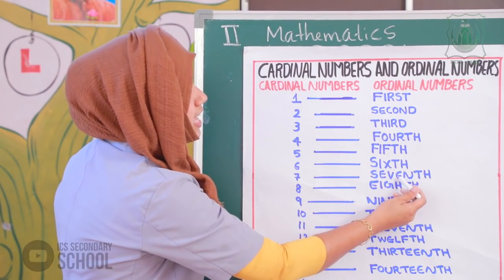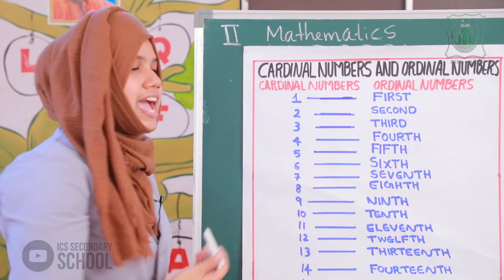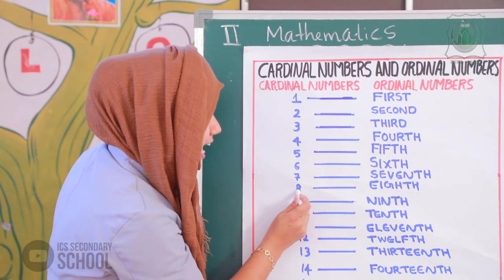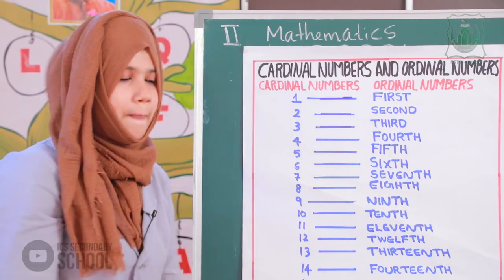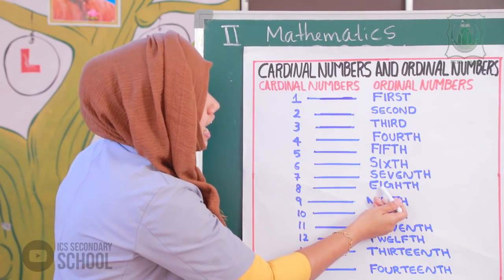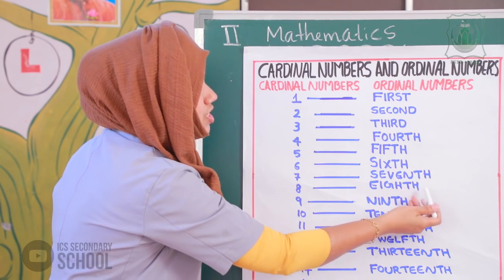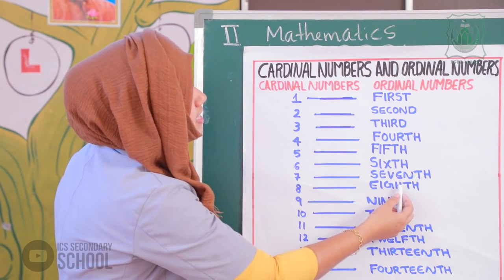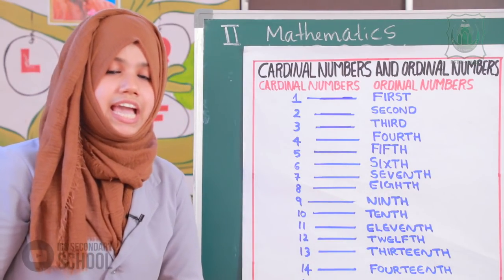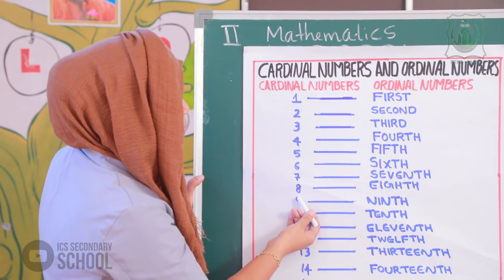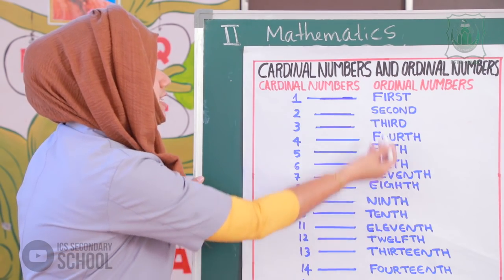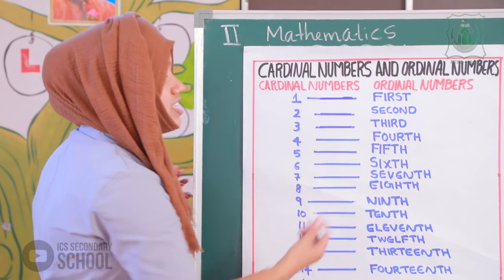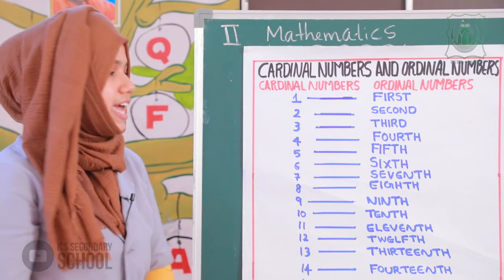S-E-V-E-N-T-H. Next is cardinal number 8. What is the spelling? E-I-G-H-T-H. Next, 9. What is the ordinal number of 9? N-I-N-T-H.